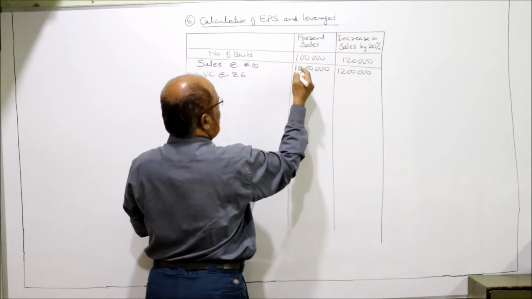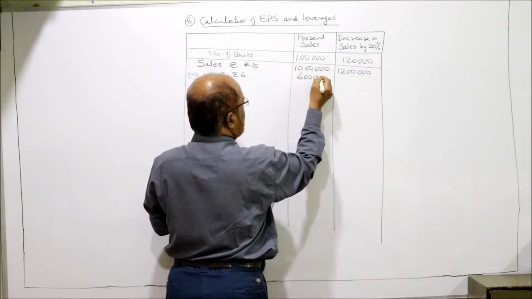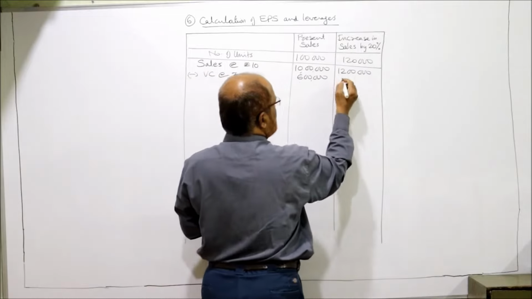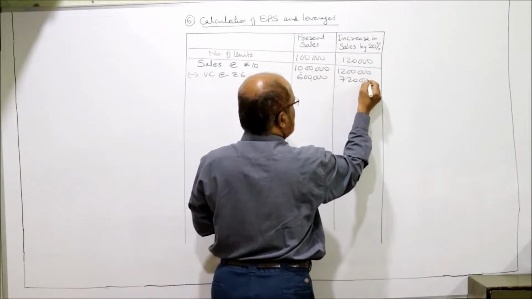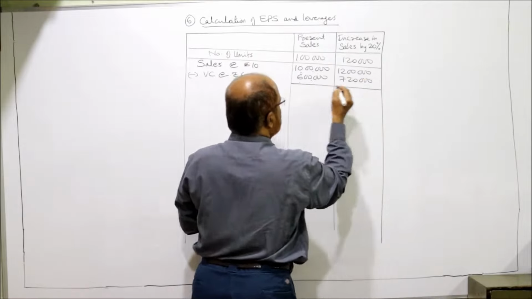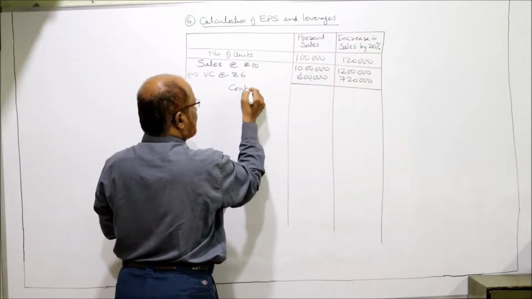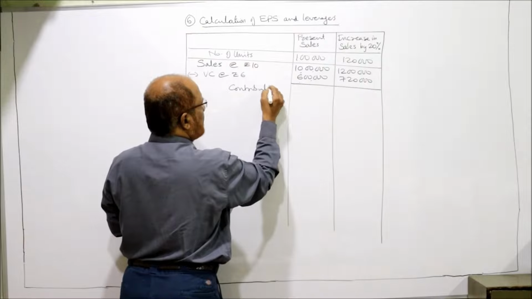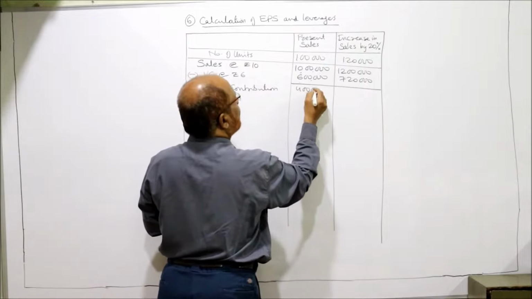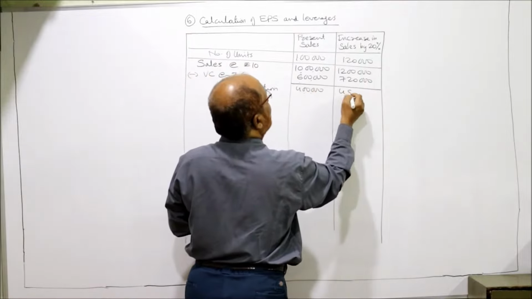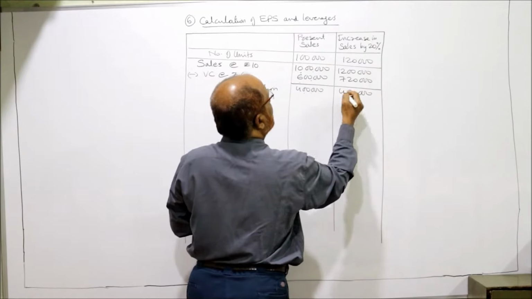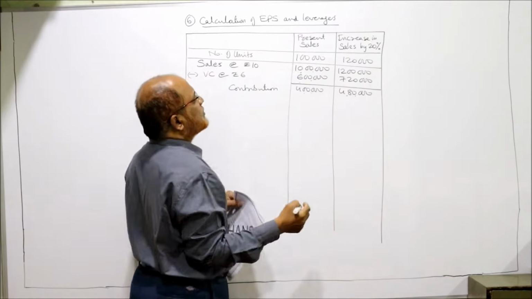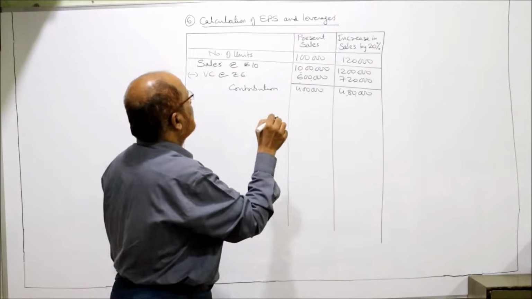Now 6 into 1 lakh, 6 lakh. 6 into 1,20,000, 7,20,000. Subtract, you will get contribution. Twelve lakh minus 7,20,000, 4,80,000.